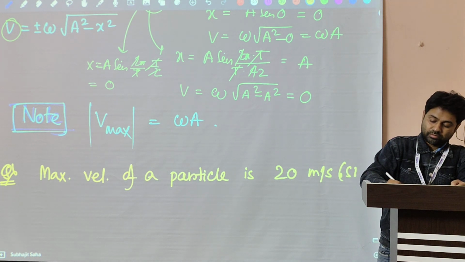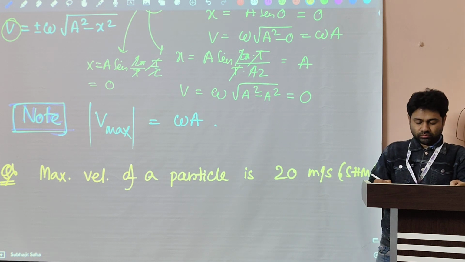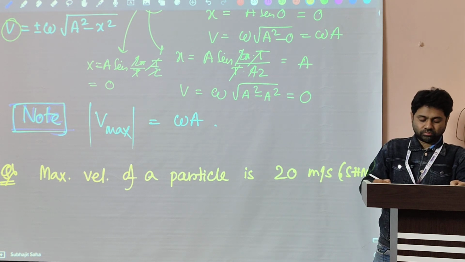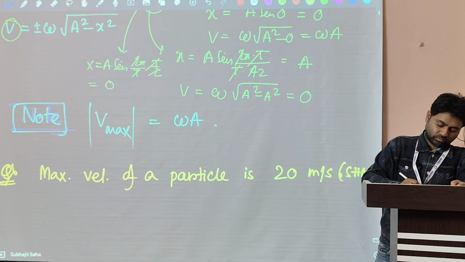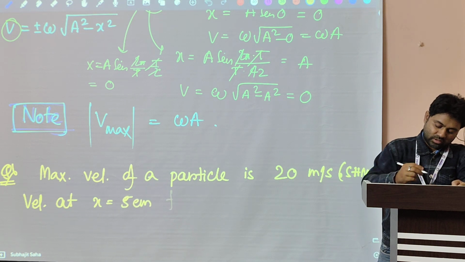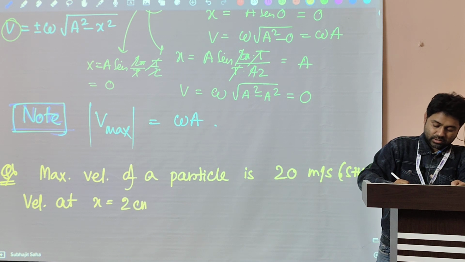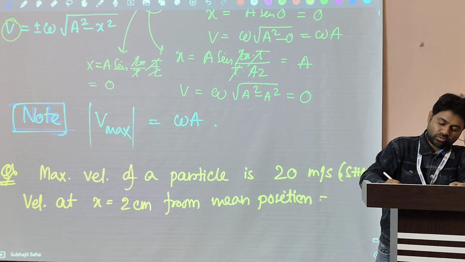Velocity at x equal to 2 centimeter from mean position is 8 meter per second.